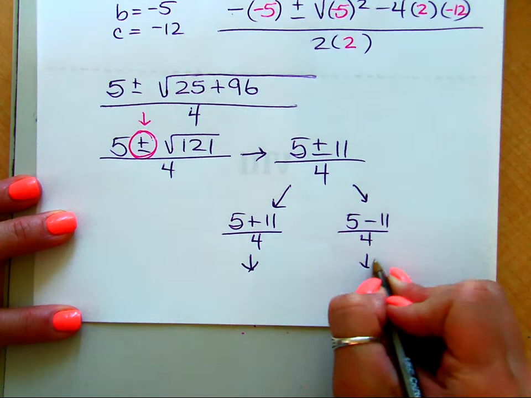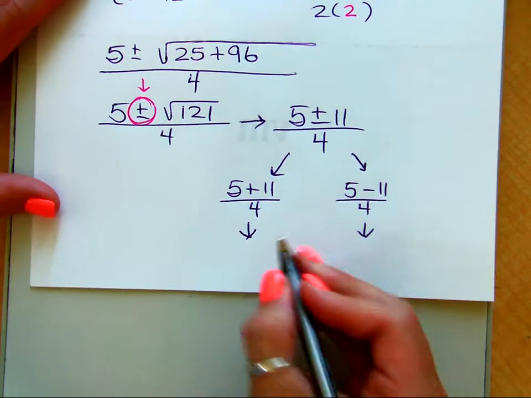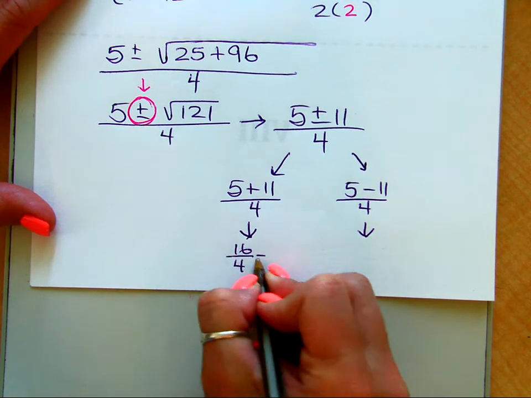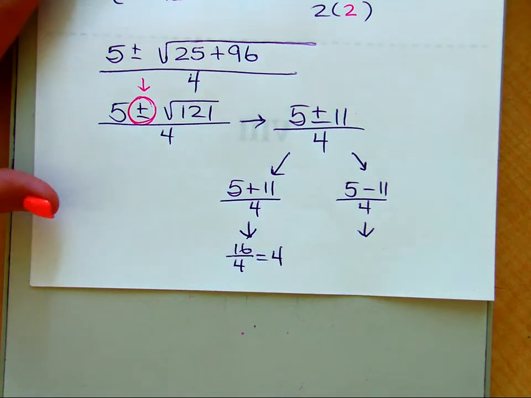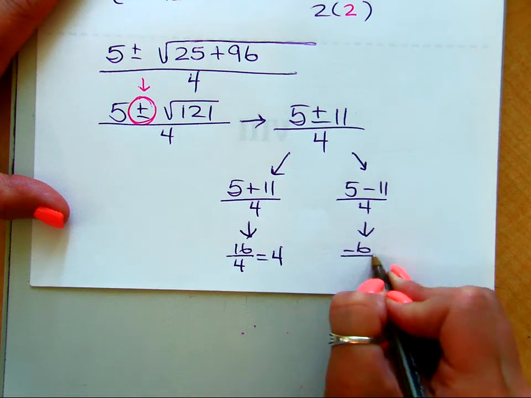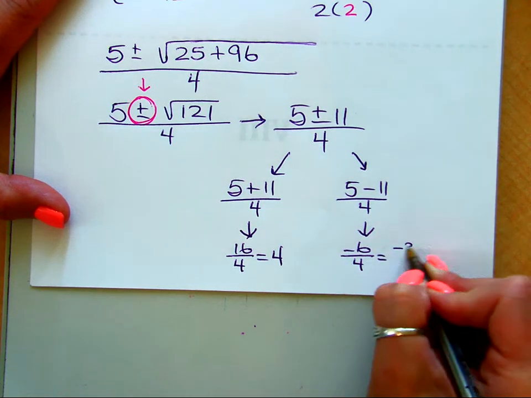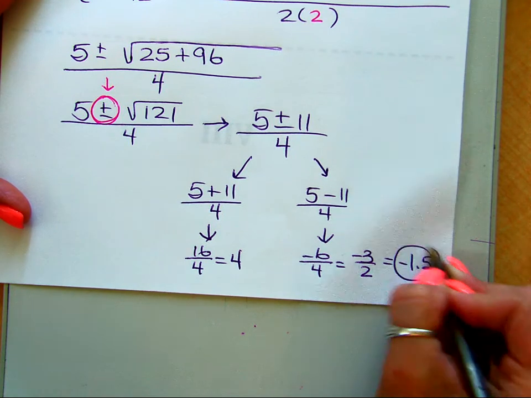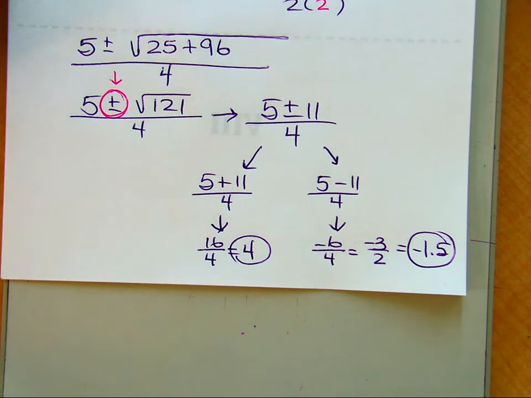And then I'm going to figure each of that out. 5 plus 11 divided by 4 is going to be 16 divided by 4. One of my zeros is 4. 5 minus 11 is negative 6 divided by 4, which you could reduce and make it 3 over 2. But if we're talking zeros, you might want to put it as a decimal. Did you follow that? Yes?